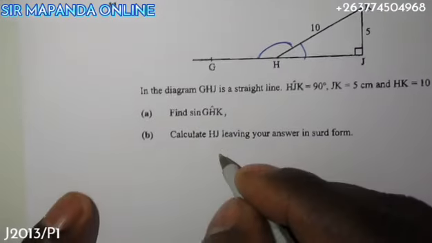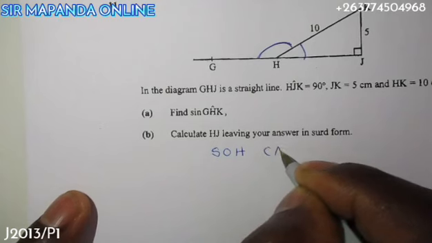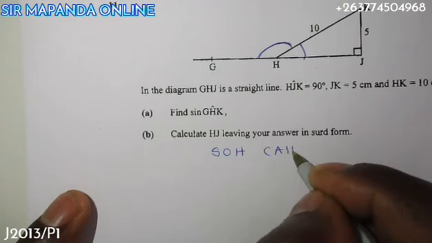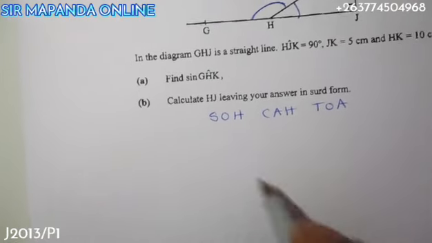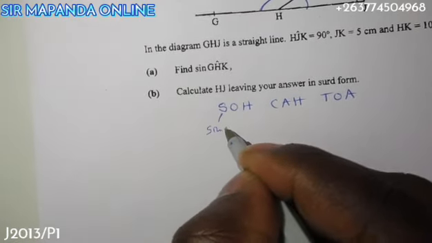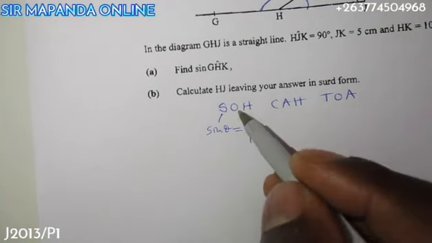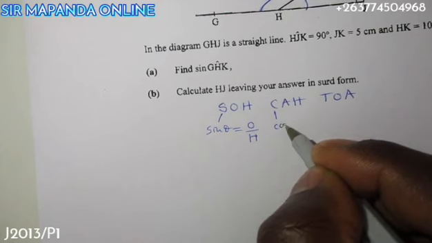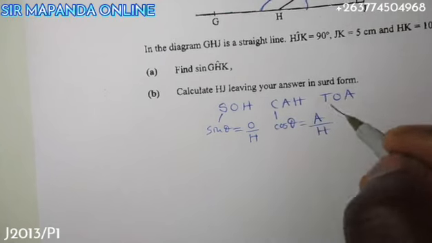So for sine, from the troubleshooter, we have what you call SOHCAHTOA. SOHCAHTOA is the troubleshooter. We are saying sine theta is equal to opposite over hypotenuse. Cos theta is equal to adjacent over hypotenuse.